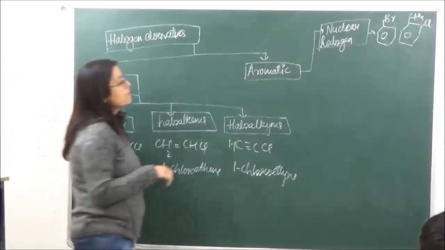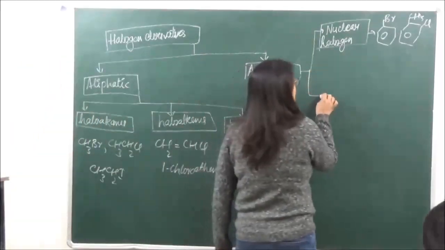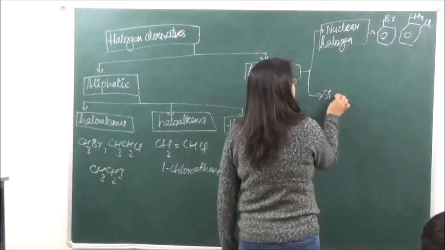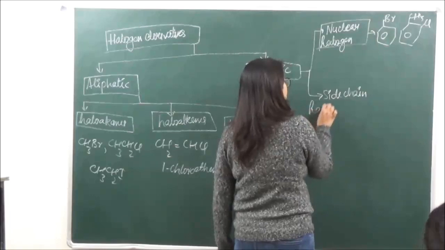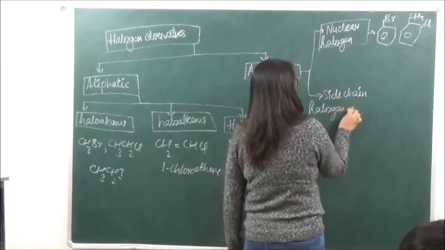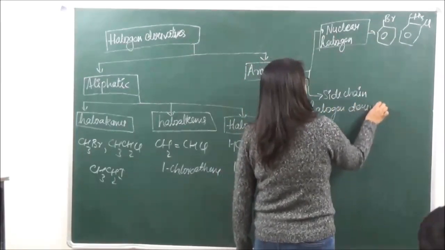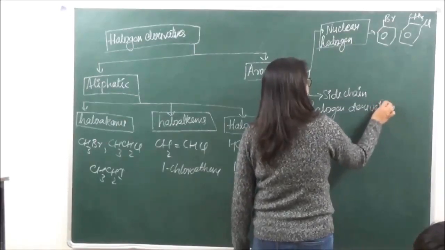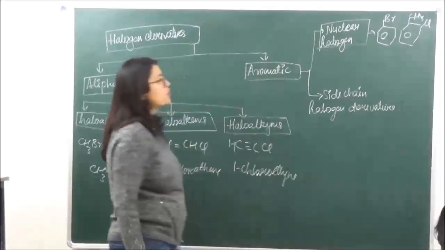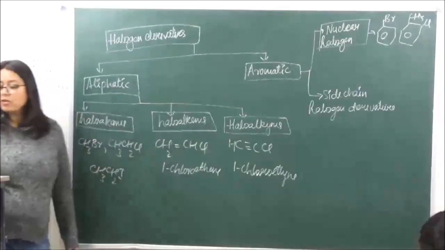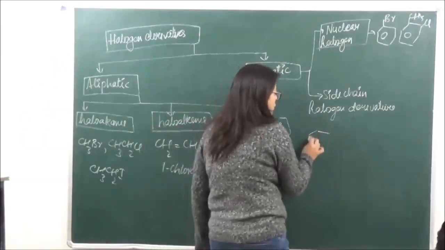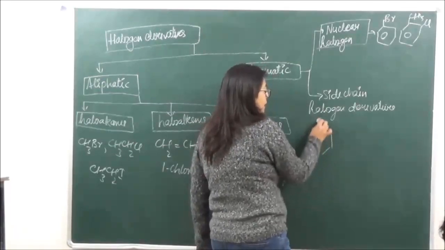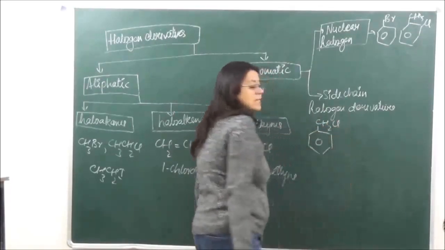Then the second one which we have is side chain halogen derivatives. So side chain halogen derivatives में the halogen is not directly attached to the benzene ring, but it is attached to the side chain.